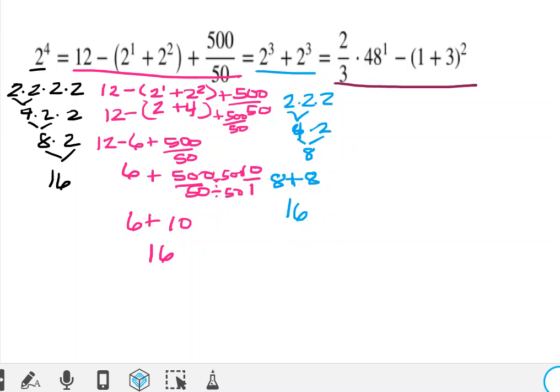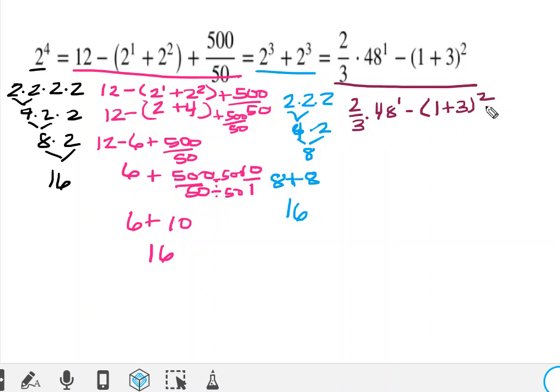Okay, last one. Let's go ahead and solve this one. We have 2/3 multiplied by 48 to the first power minus the sum of 1 plus 3 squared.